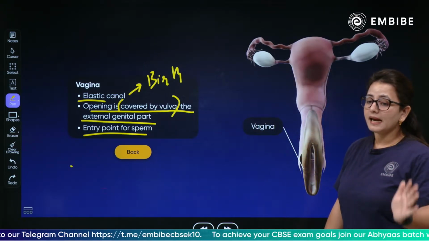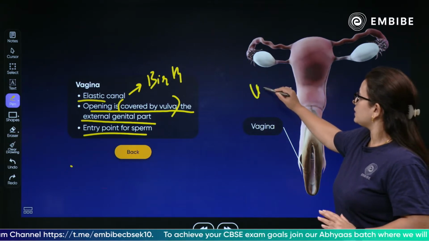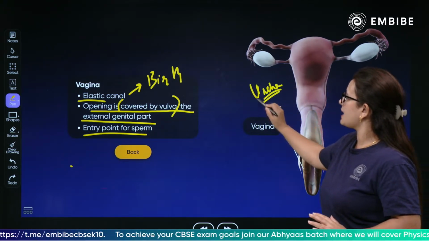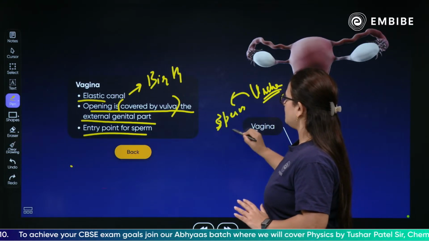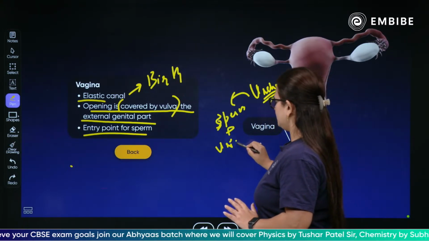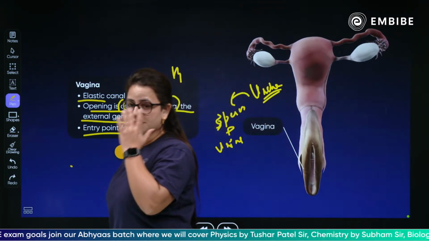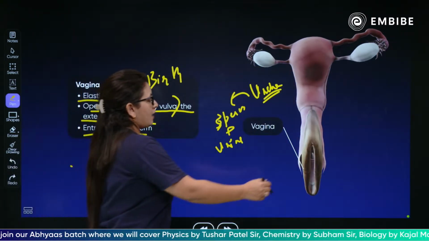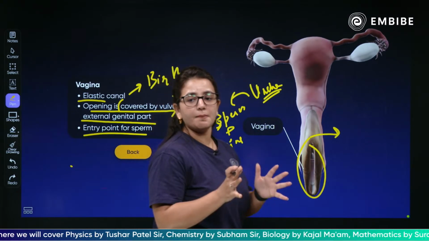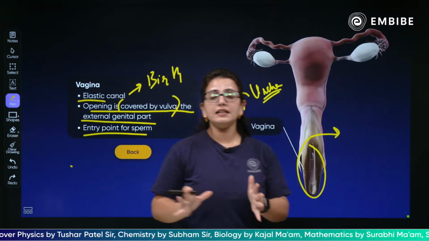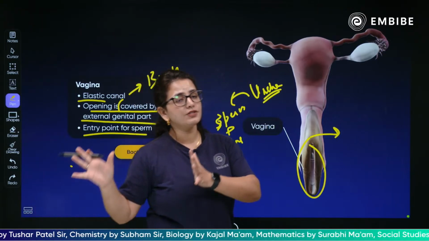In the male, the urethra served as a passage for both male gametes and urine. But in the female reproductive system, the vagina and the urethra are different. The urethra is a completely different opening, and there is another opening, the birth canal, which is the vaginal opening.